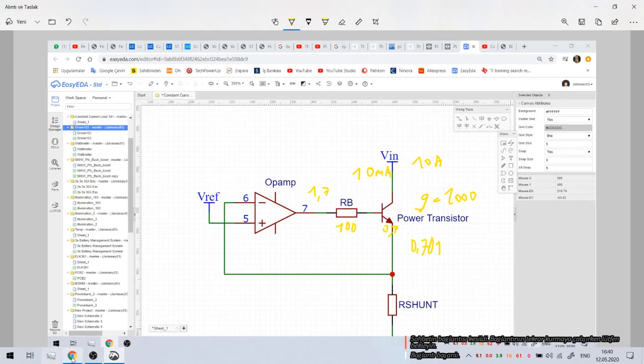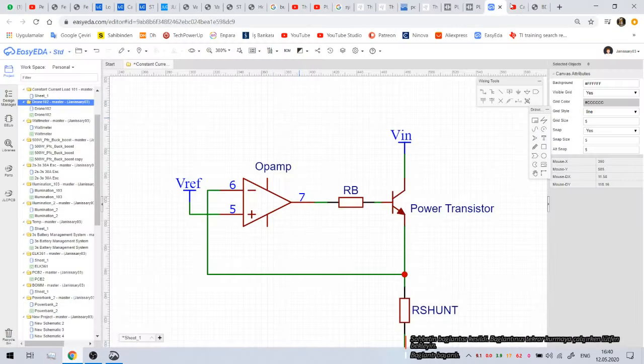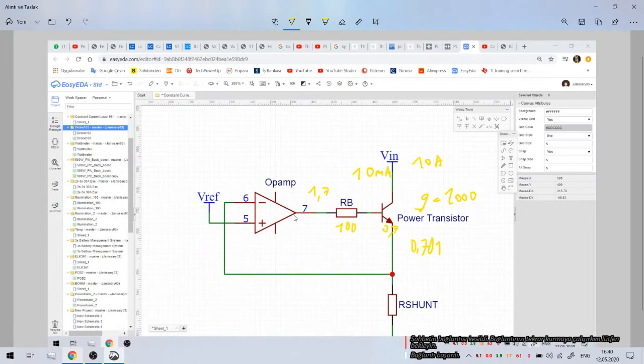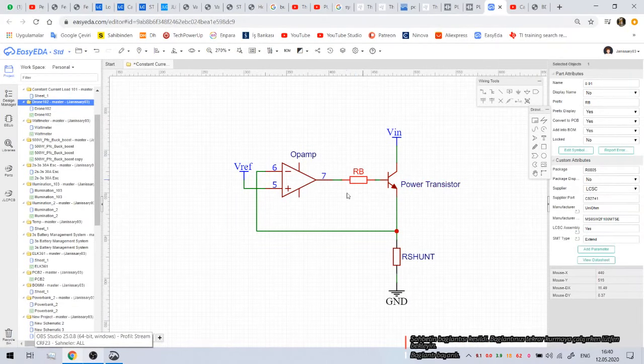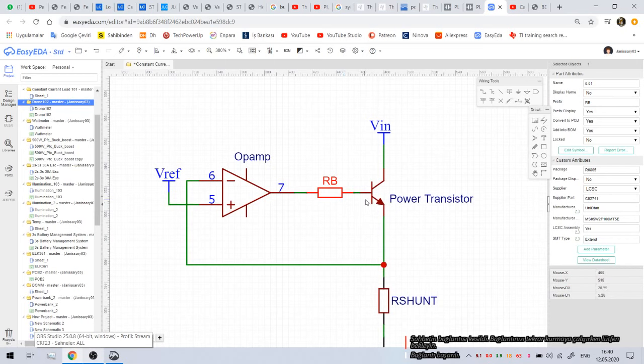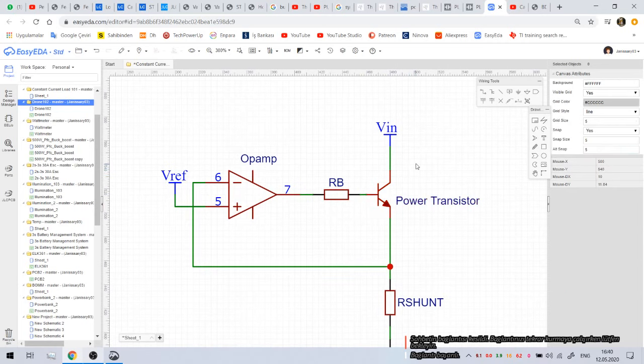After that, what I can say, I want to be quicker. We need RB resistors. Also, we need a power transistor that can handle 10 amp.